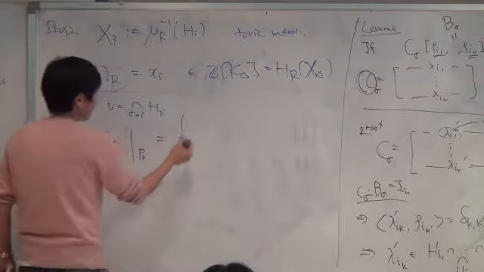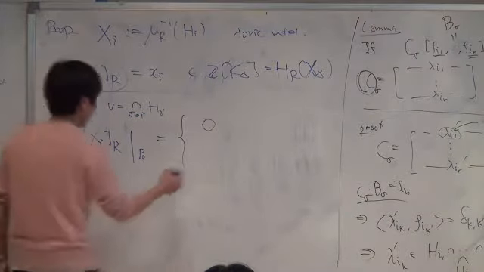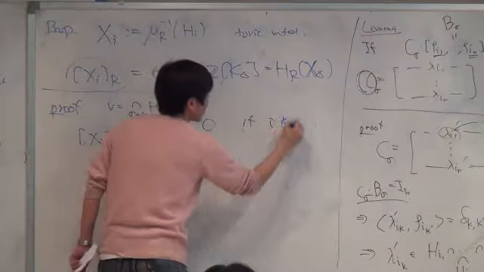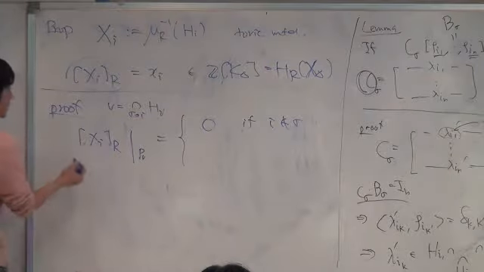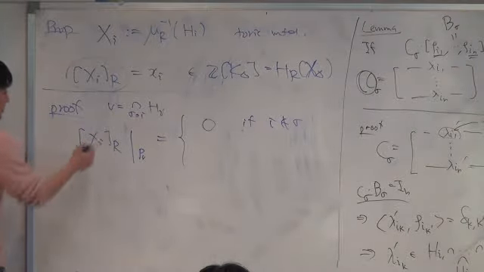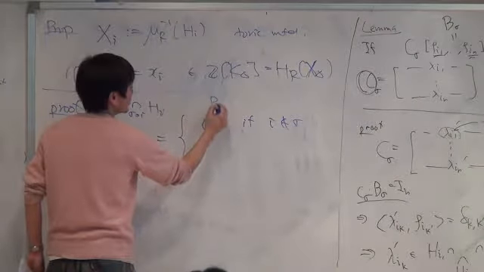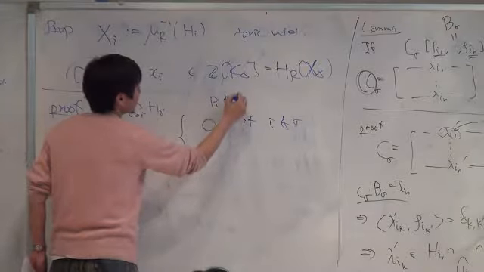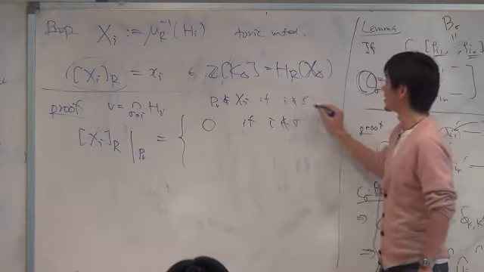So first, it's going to be 0 if I is not in sigma. That's kind of a trivial thing, but you have to think about it a little bit. Here I'm using that PV is not in xi if I is not in sigma.